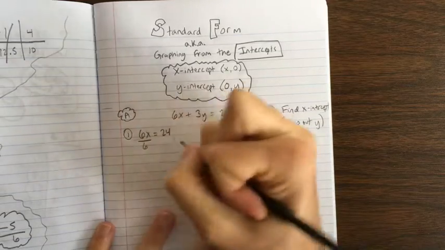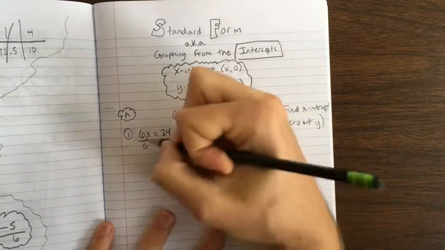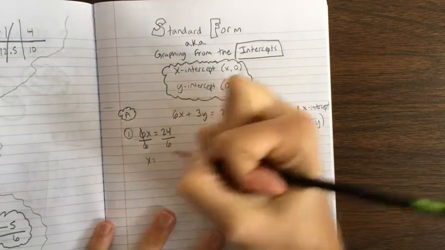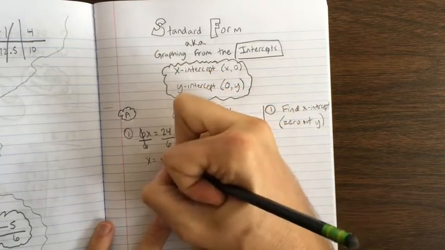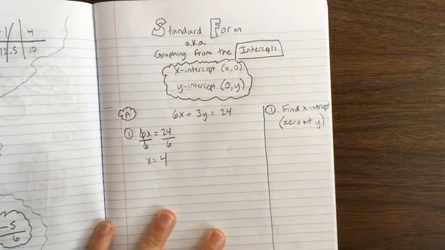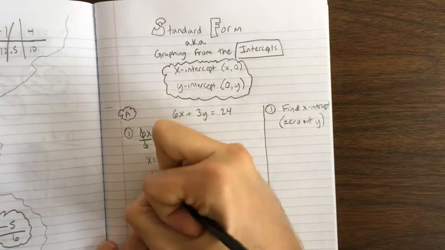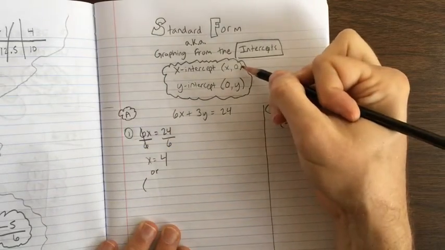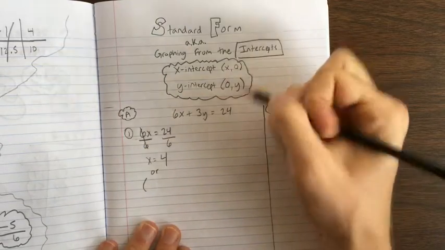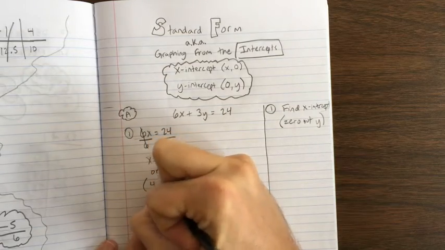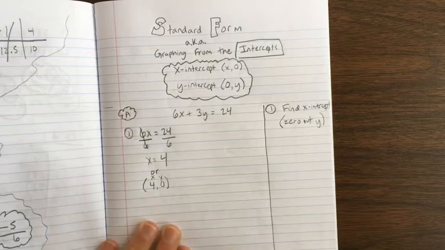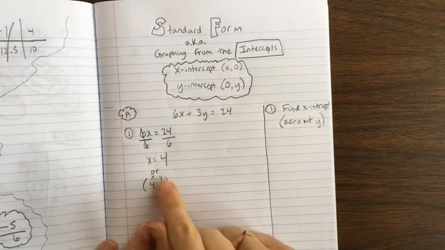We're going to divide by 6 to make that cancel out. We're going to say x equals 24 divided by 6, which is 4. So x is 4, which means the ordered pair is 4, 0. Okay, so x is 4, y is 0.